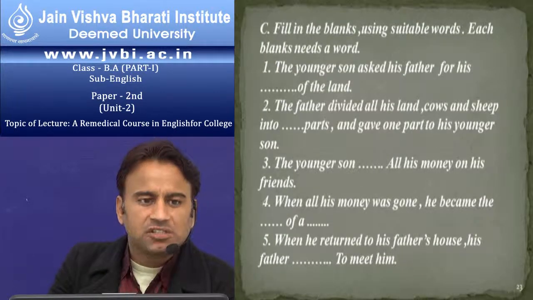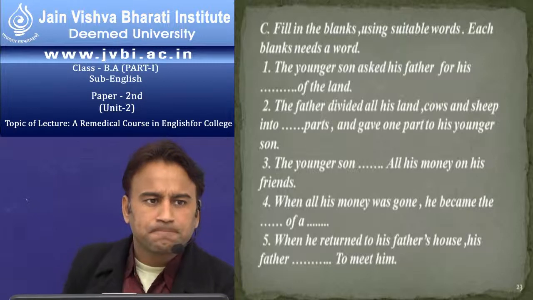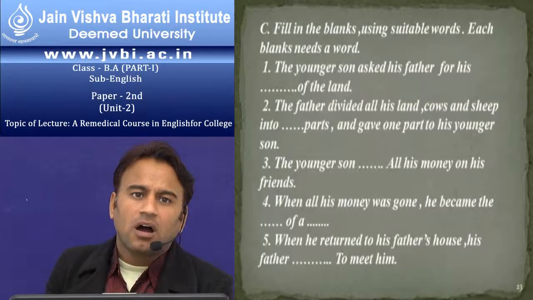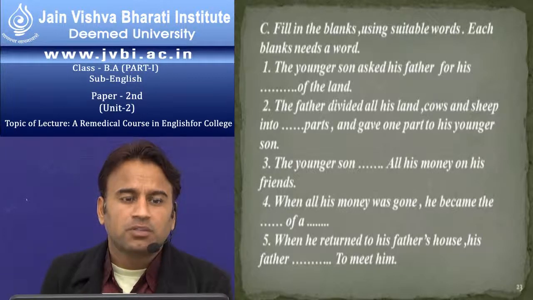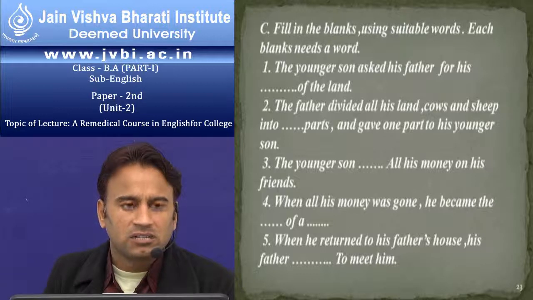Now, the exercise C. Fill in the blanks. Using suitable words, each blank needs a word. The younger son asked his father for his share of the land. It may be the true answer. If you have read the story, you can easily give the answers.